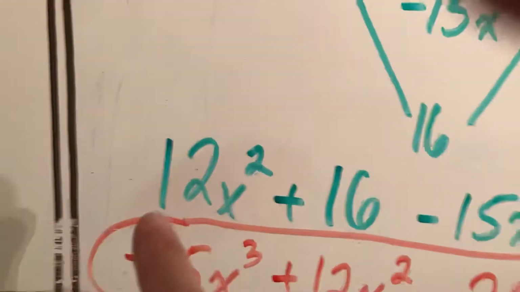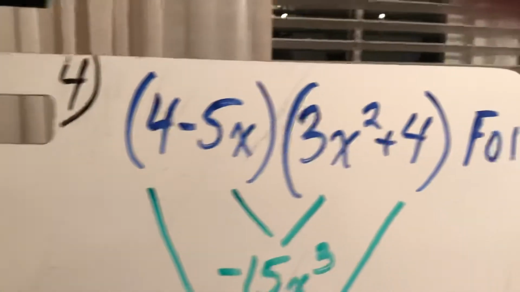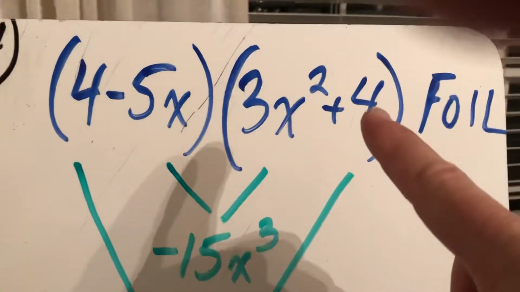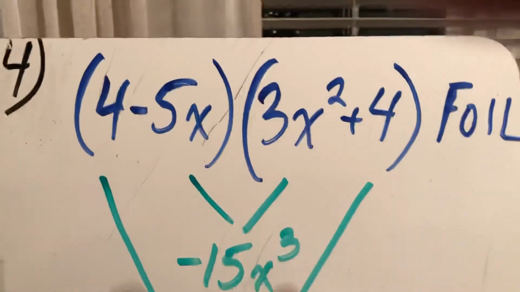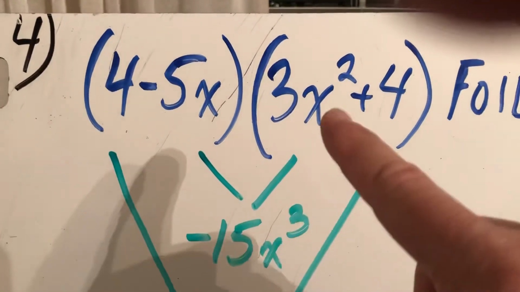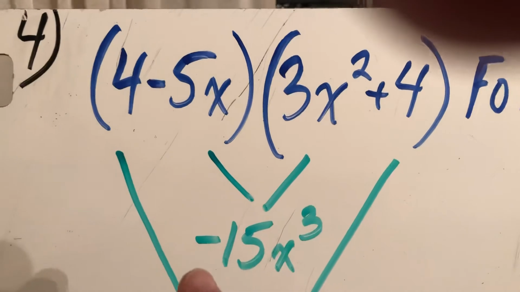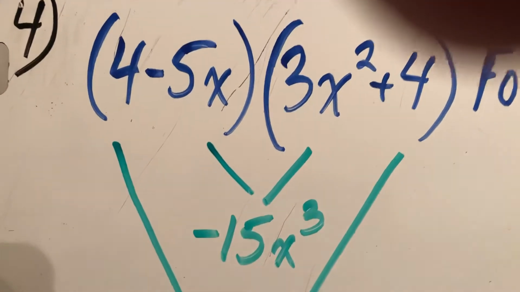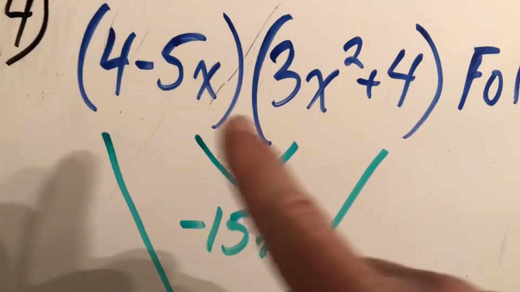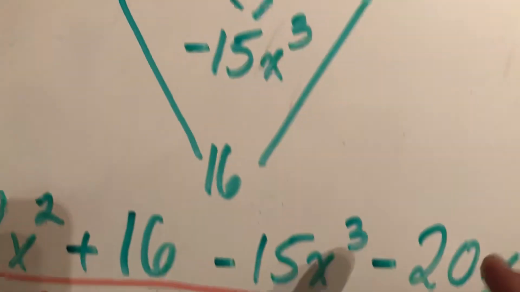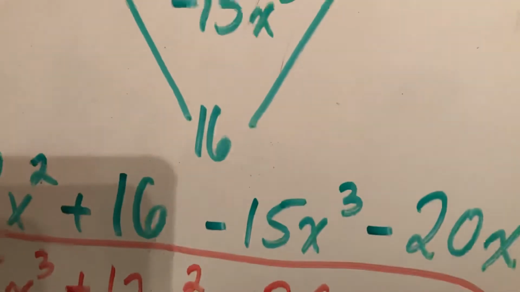What's that? 12x squared. Outer. 4 times 4 is 16. Inner. What's negative 5x times 3x squared? Negative 15x to the third. What's last? Negative 5x times 4, negative 20x.